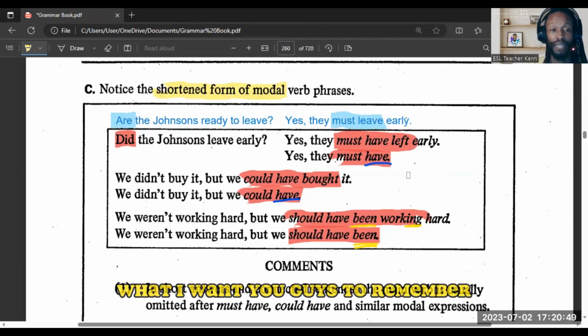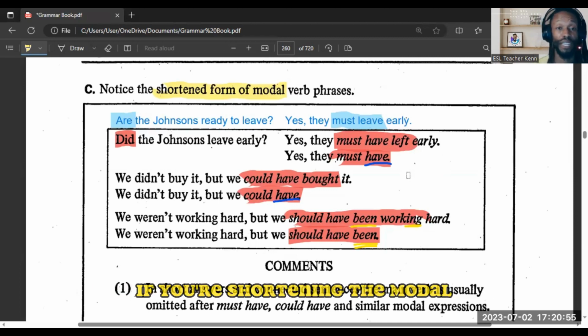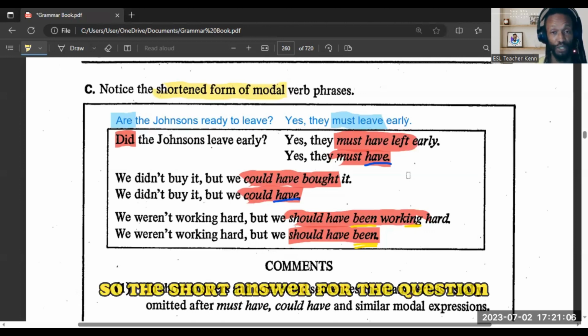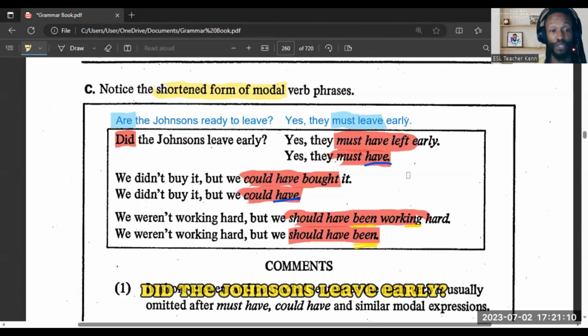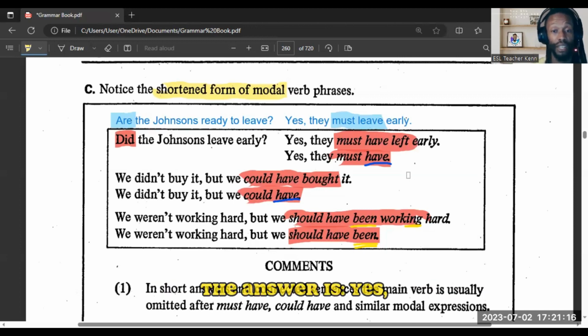What I want you guys to remember is that if you are using a short answer, if you're shortening the modal and you finish on the modal and you don't use have, you are speaking in present. So the short answer for the question, did the Johnsons leave early? The answer is yes, they must have.